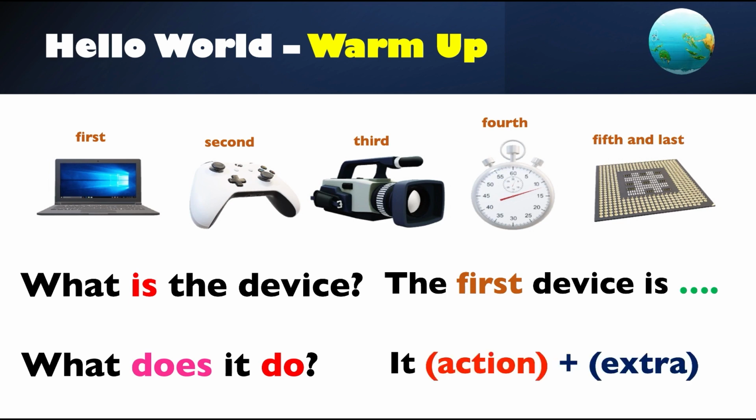And then we say, what does it do? An action is a verb. So here we are looking to learn some more action verbs and then combine them with extra information about the device. The action verb here is do. Yes. So what do we do with these devices, from first, second, third, fourth, fifth and last?